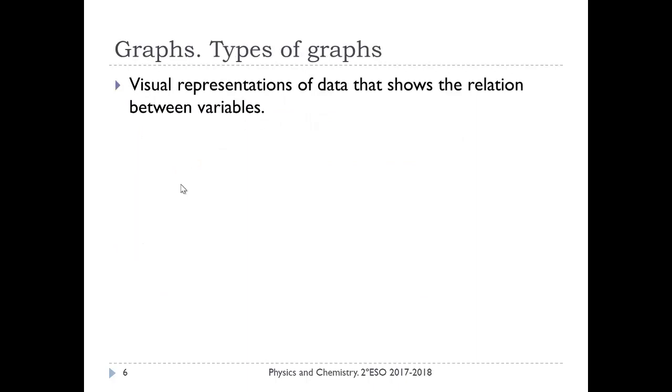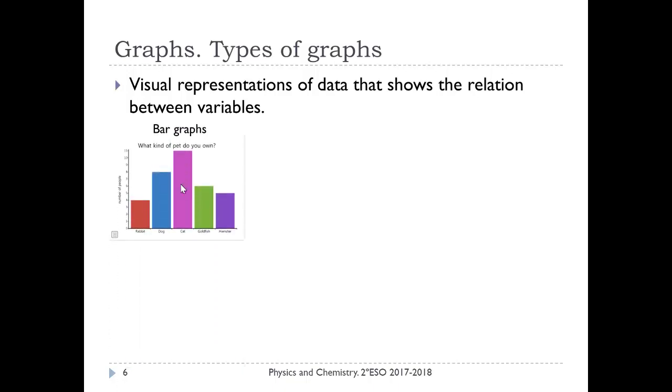Graphs are visual representations of relations between variables. We mainly use three types of them. Graphics are great when you want to explain things in a very visual way, because probably most people would understand it. Bar graphs are going to be the first ones, which are composed, like you can see, of bars, and the x and y axes are labeled properly. The bars have the same base.